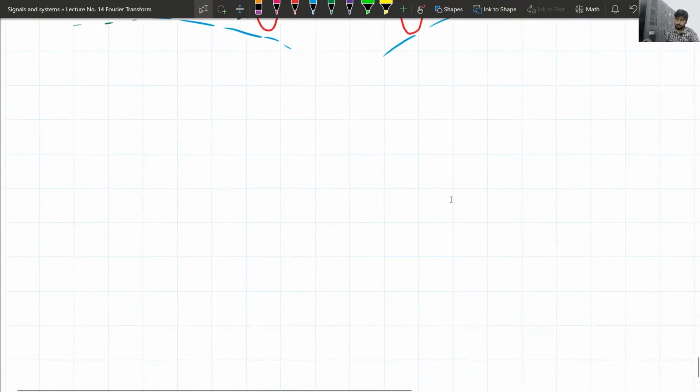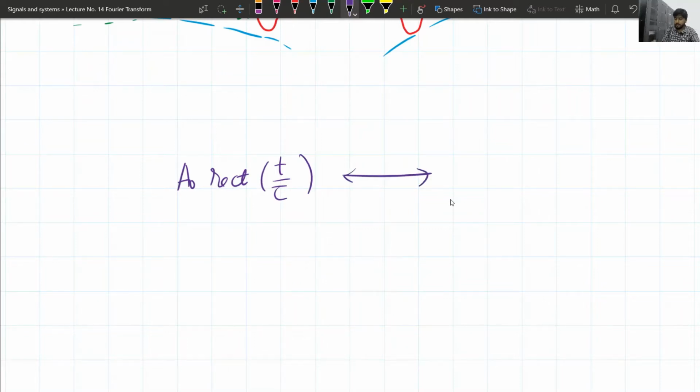So a rectangular signal with amplitude A naught will have a Fourier transform A naught tau into the sampling function of omega tau by 2.